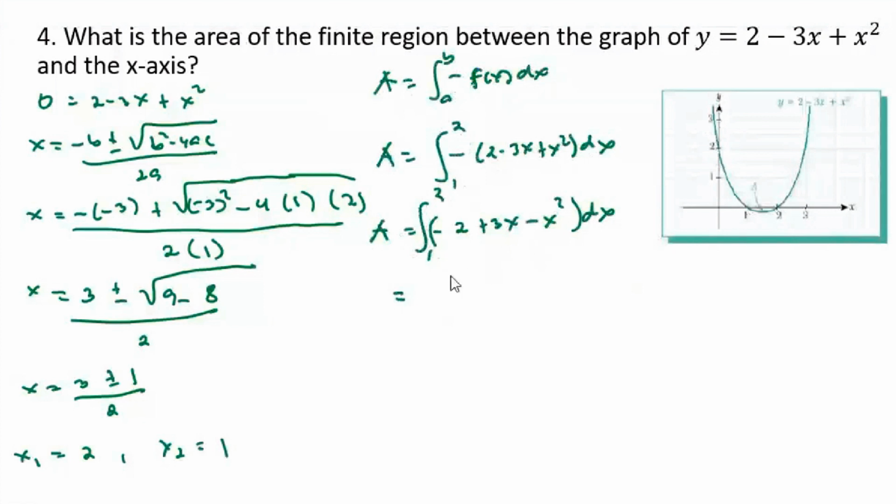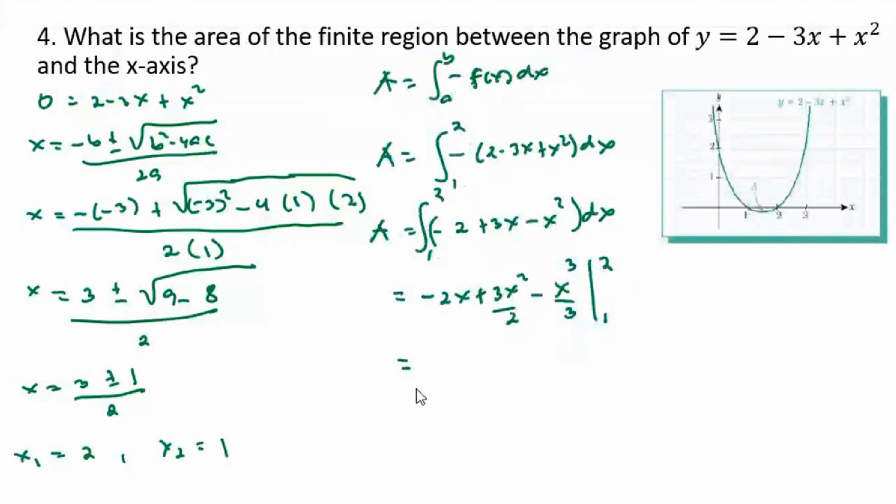Integrating the first term, we have negative 2x. The second term gives positive 3x squared over 2, minus x to the power of 3 over 3, evaluated from 1 to 2.